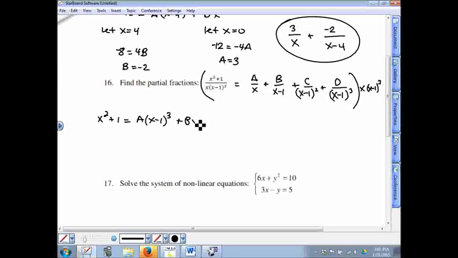So it would be b times x minus 1 squared. If this LCD multiplies to the c term, x minus 1 squared, there's 2 of those, so that'll cancel with 2 of these x minus 1s. So c times x minus 1. And finally, when the LCD multiplies to the d term, the x minus 1 cubes cancel out. So it's d times x.